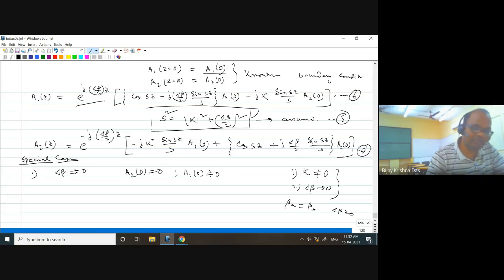Instead of cos sz, you should be writing cosine of mod of kappa z. That is the first term, and the second term is 0. So this will be A10 cosine mod kappa z. I'm just writing A1z.